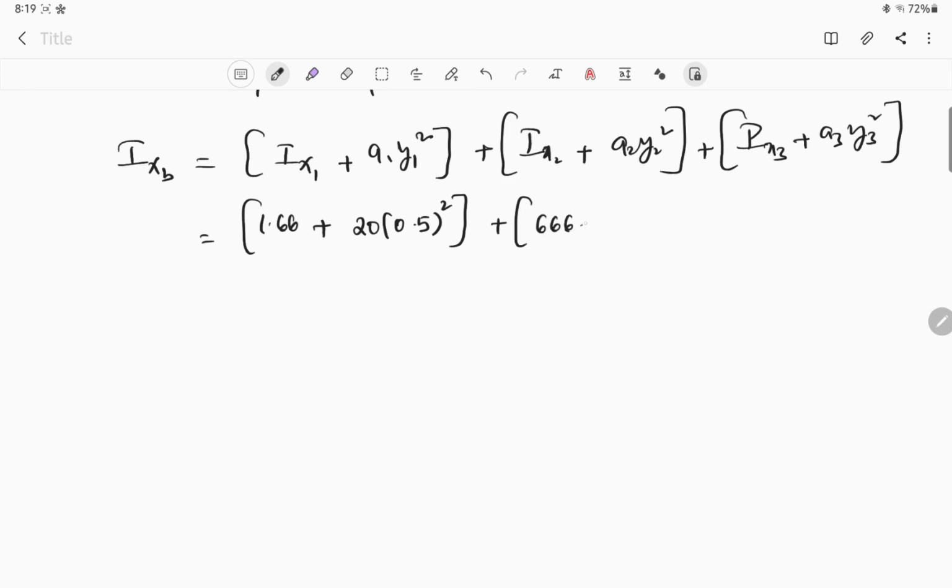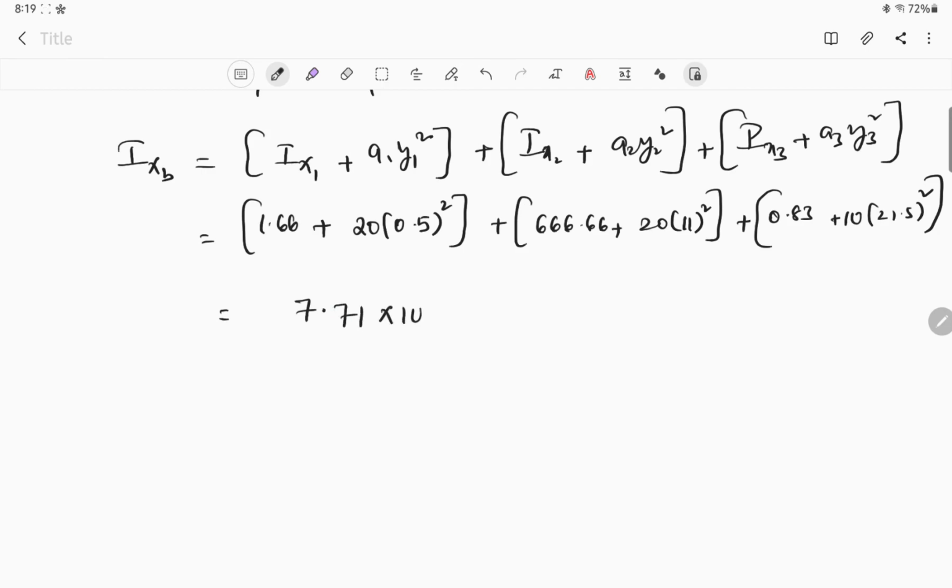Then we have 666.66 plus 20 into 11 whole square plus 0.83 plus 10 into 21.5 whole square. Once you solve this, you will get 7.71 into 10 power 3 centimeter power 4. This is Ix, moment of inertia about its base.